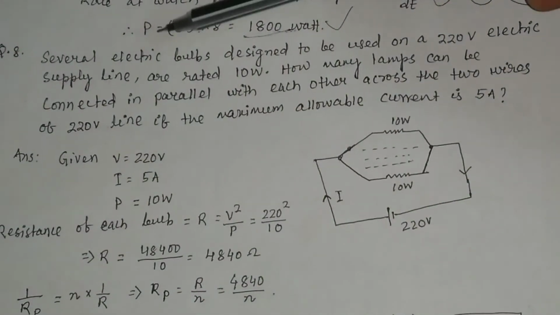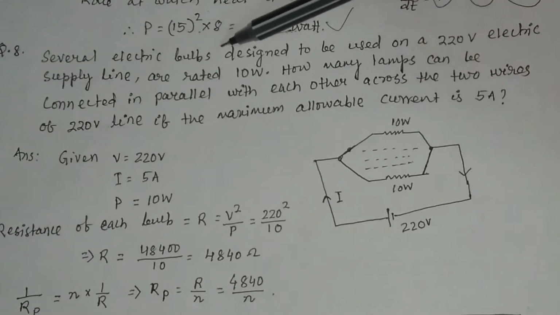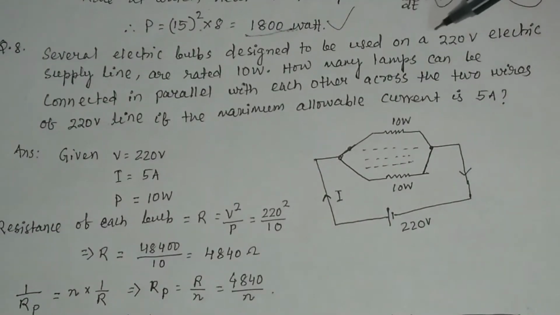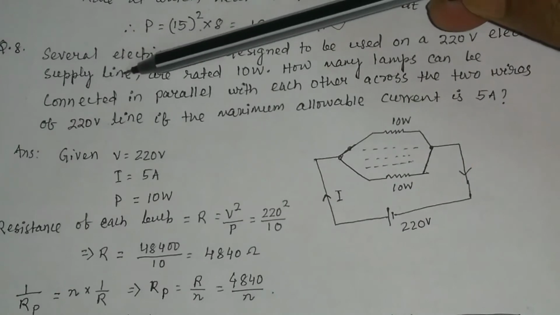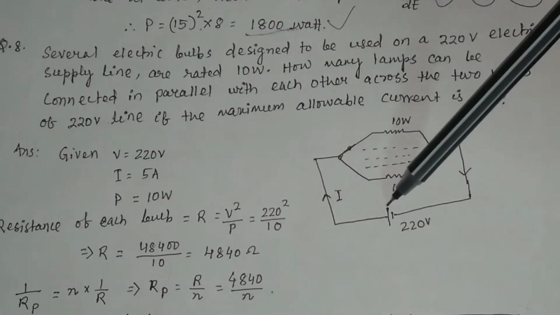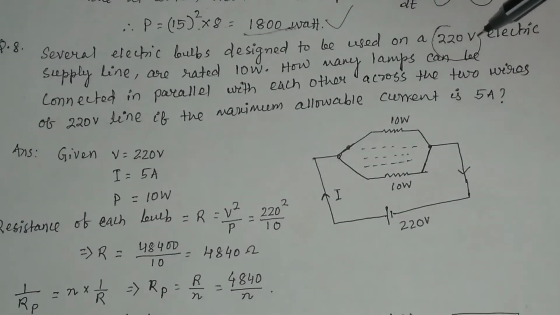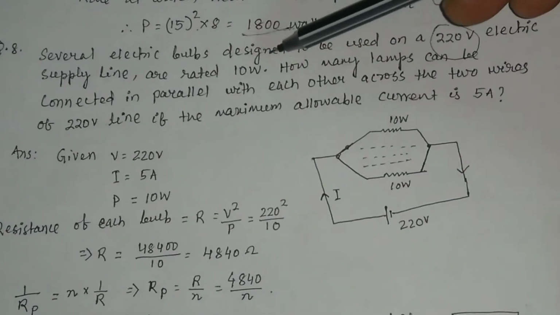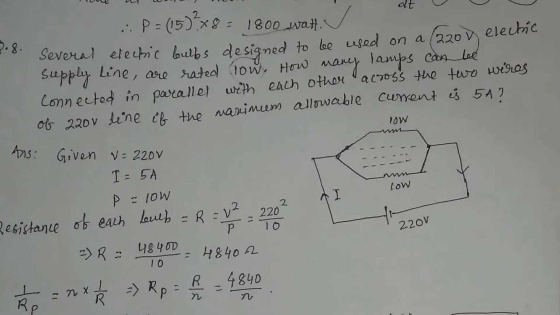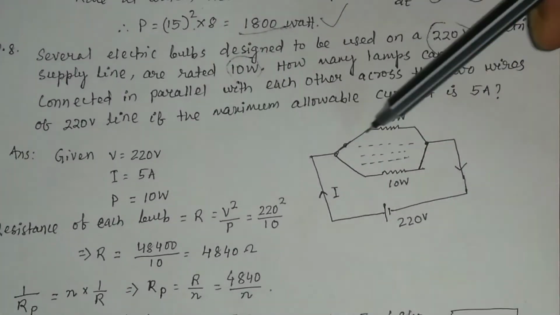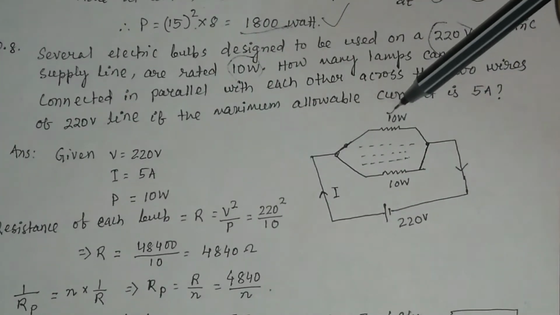Next problem. Several electric bulbs designed to be used on a 220 volt electric supply line. In an electric supply line, potential is given 220 volt and each bulb is rated 10 watt. So power of each bulb is equal to 10 watt.